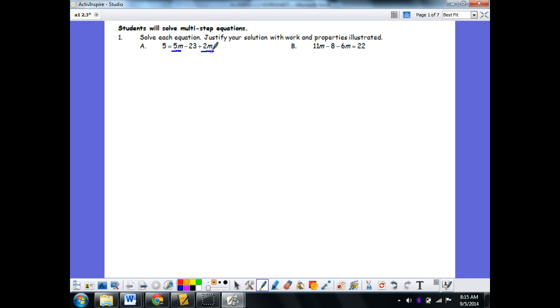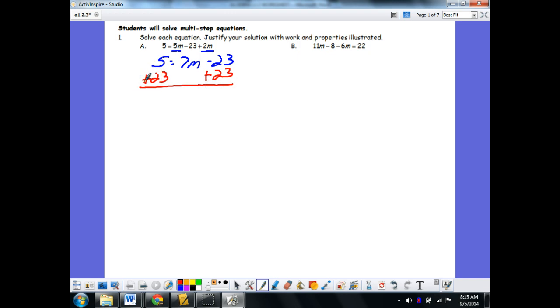So in this equation, we are going to just combine the like terms by combining 5m plus 2m, which is 7m, minus 23. Then we are going to use the addition property of equality when we add 23 to both sides. Now this is just a two-step equation that we did last week.